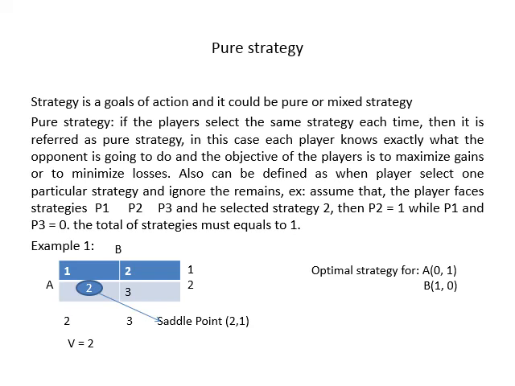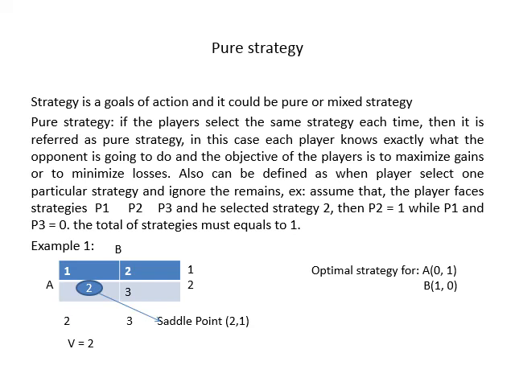Now, to process the solution for finding the optimal strategy, focus on the first row and indicate the minimum value. So the minimum value in the first row equals 1.